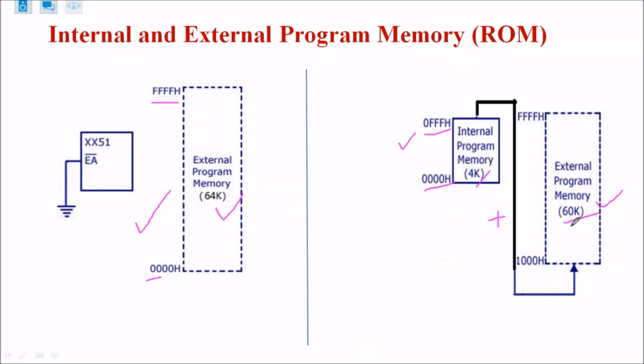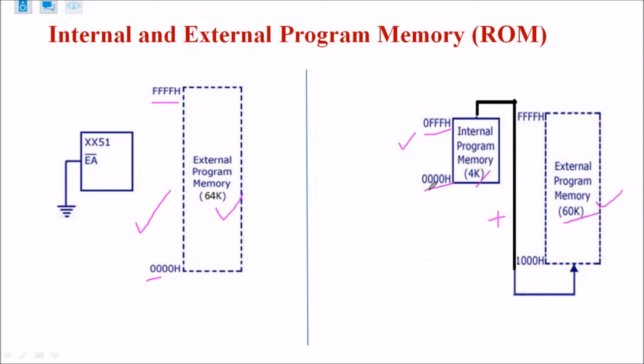So total ROM memory can be 64 kilobytes. Only for RAM, an additional 128 bytes we can get. But here you will get only 60 kilobytes of memory. The choice is yours. You can use the whole external memory, or you can use a combination of internal and external memory.